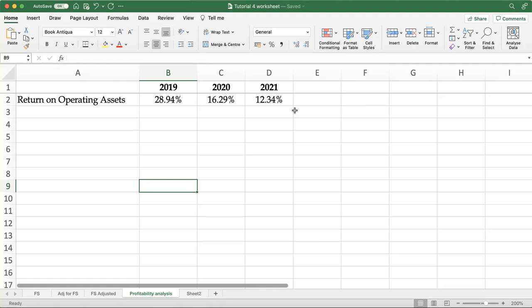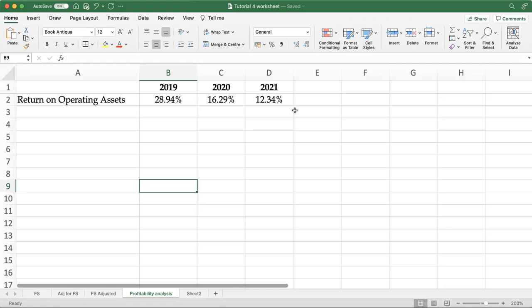Right. Now you see return on operating assets is in a declining trend. So you need to find out why this has happened. So that's analysis.